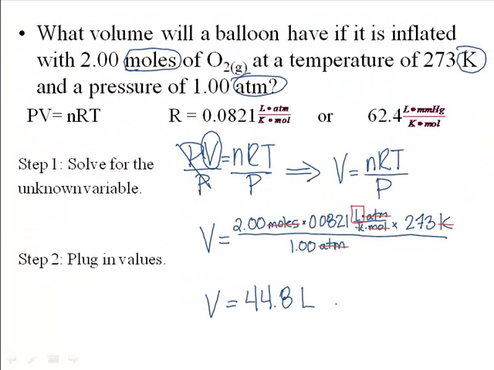So if you're given temperatures and your temperature's in Celsius, you'll have to change it to Kelvin. If you're given a different unit of pressure, you may be able to use a different R constant, like 62.4 for millimeters of mercury, or you may have to change your units. And if you're given grams of oxygen, you'll have to do a gram to mole conversion in order to get to moles and plug into the ideal gas constant.